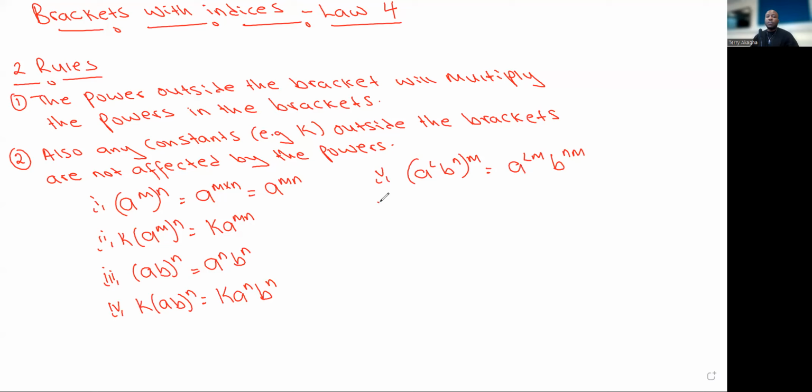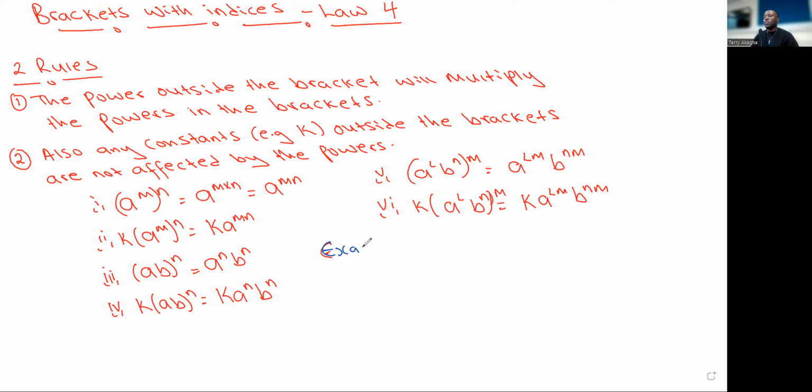And if it has a constant, k(a^l b^n) raised to the power m, that will give us k a^(lm) b^(nm). Is that all right? So now let's pick some examples.